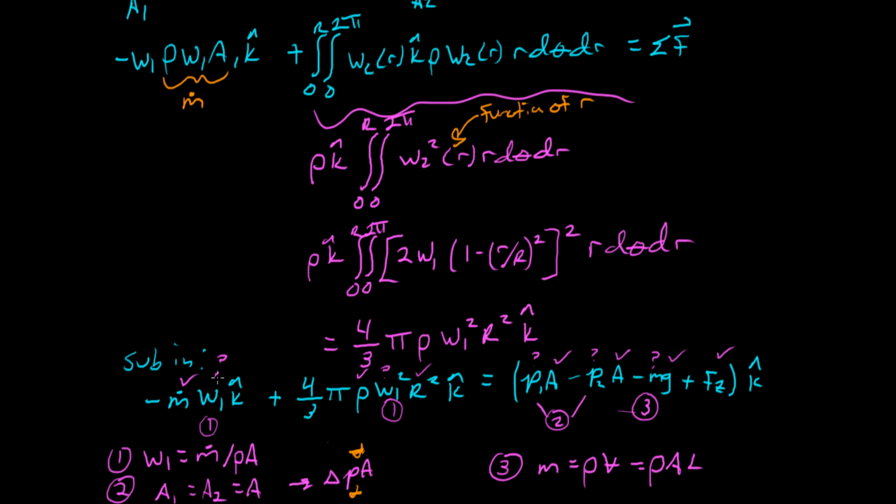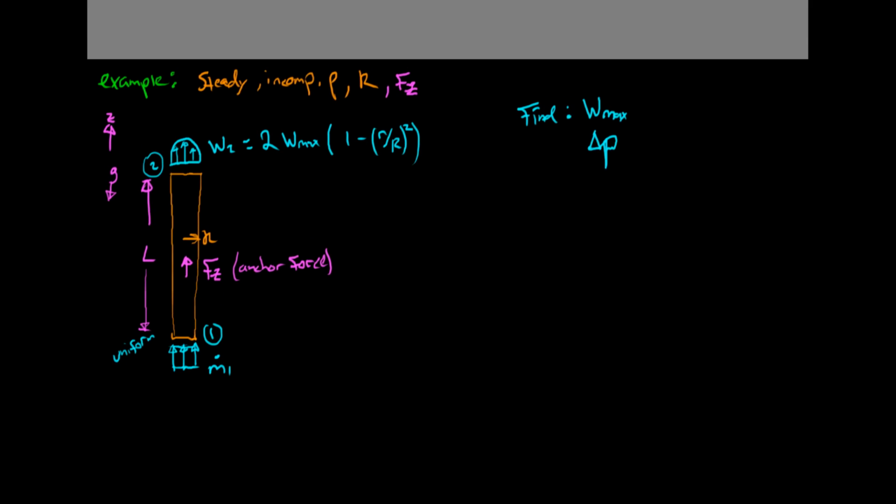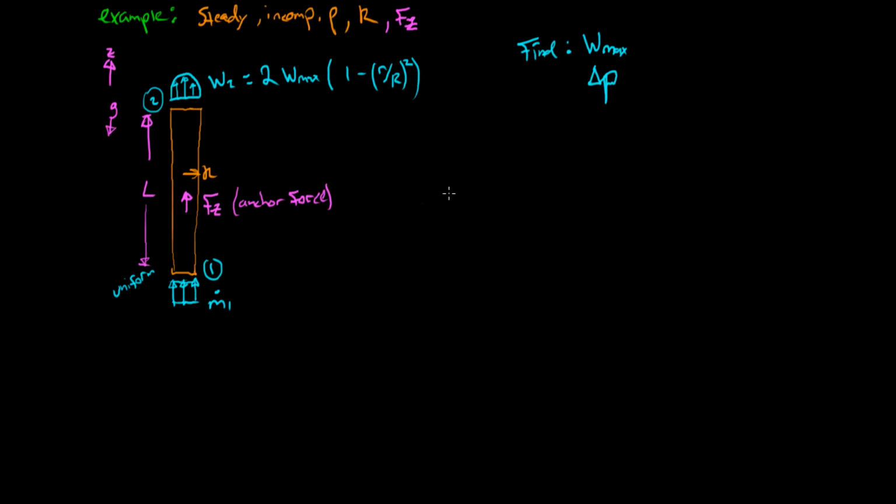And so, believe it or not, we now know everything we need to know, and with just a little bit more algebra, we can rearrange this to solve for delta P, which I'm going to do for you right now. So, let's blank all that out, rearrange it real quick. I'm just going to write this out. You should check me, but I'm right.